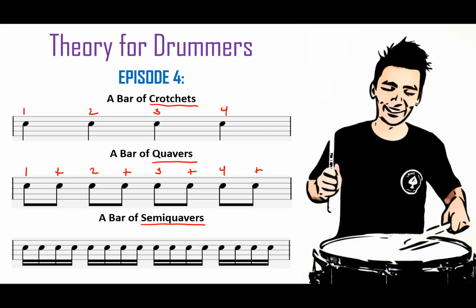With semiquavers, you have the 1, 2, 3, 4, all the notes that start at the start of the beat. You also have all of the ands that start halfway through each beat.